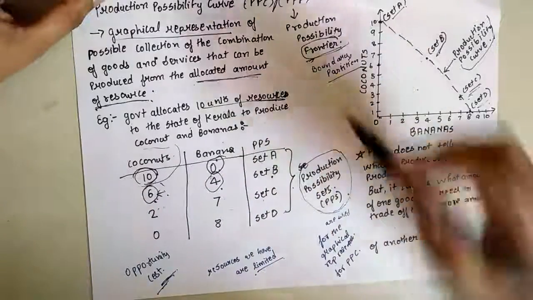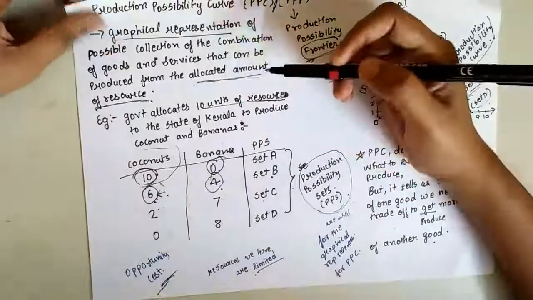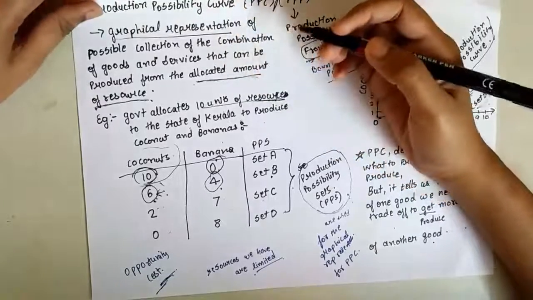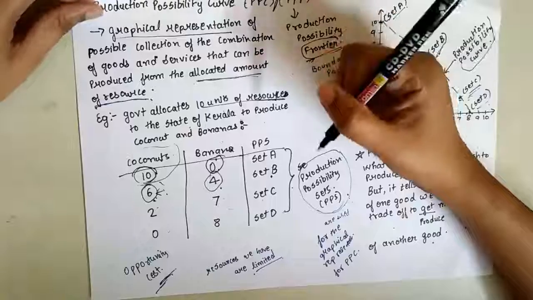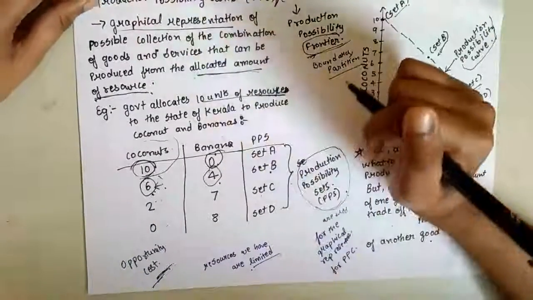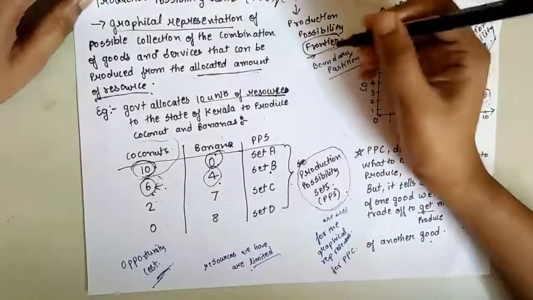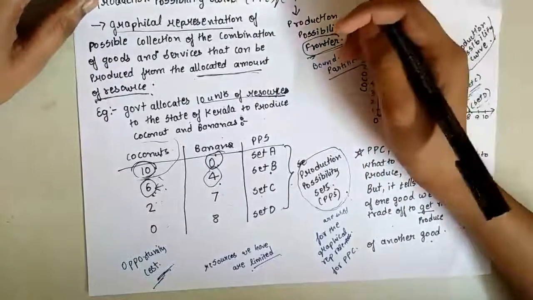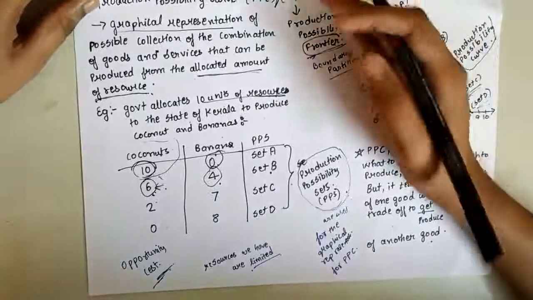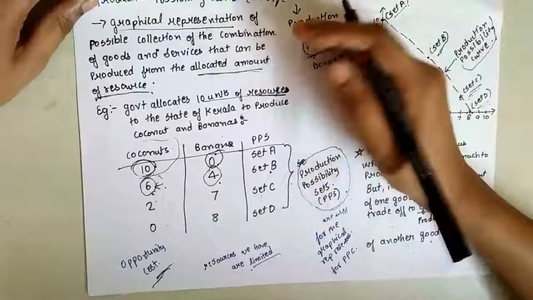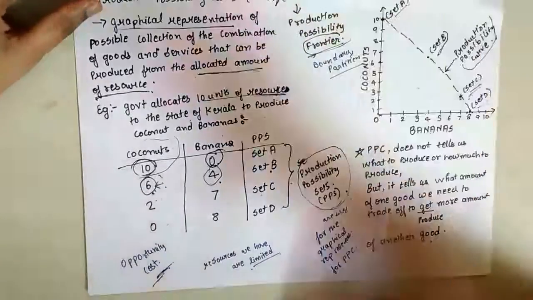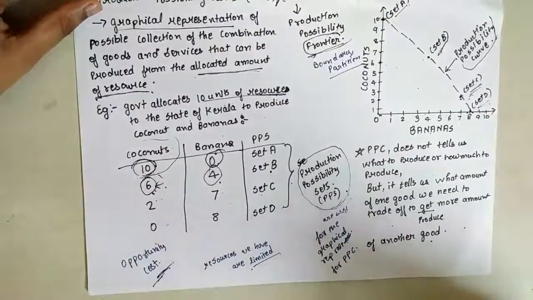But do you think all the allocated resources, the 10 units, are completely utilized? No, because most of the time the allocated resources are wasted or underemployed, or due to recession or depression in the economy, there is a need to send those resources as subsidy to the people of the society.